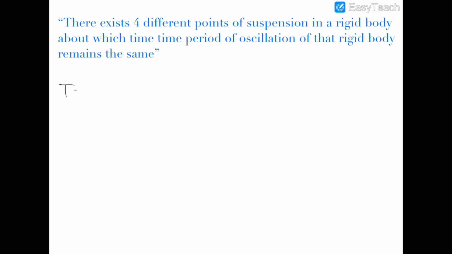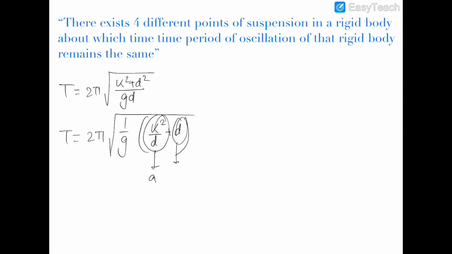First of all, let us write down the time period of a compound rigid body or a compound pendulum. So it is k square plus d square by gd. So T will be equal to 2 pi under root of 1 by g, and this is k square by d plus d. So you should notice these two terms.